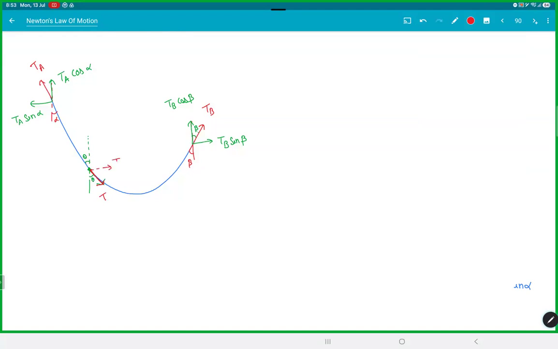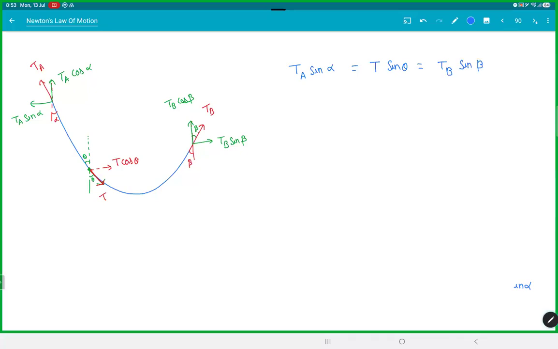The horizontal component of TA is TA cos alpha, equal to T cos theta, equal to TB cos beta.